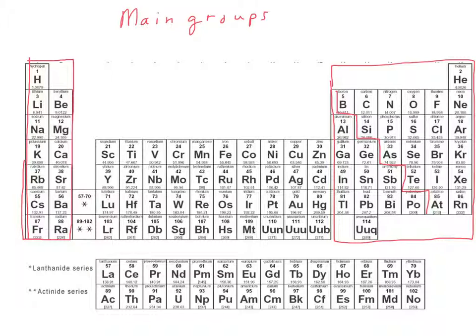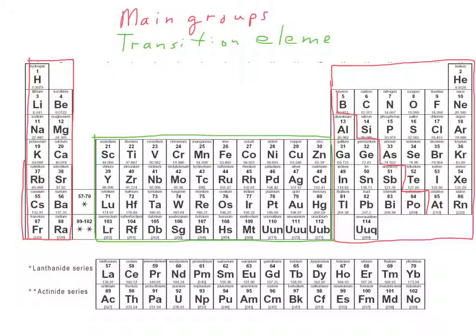The region between the first two main groups and the last 6, this area of the periodic table, which consists of 10 groups in all, those are called the transition elements. And since they're all metals, they are also commonly called, the term is used interchangeably, transition metals.